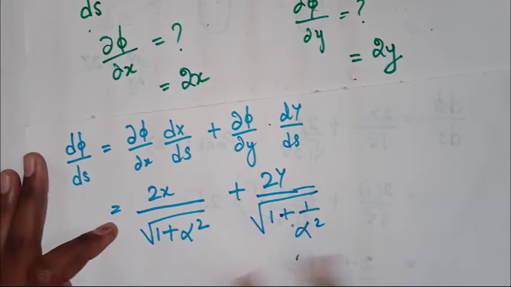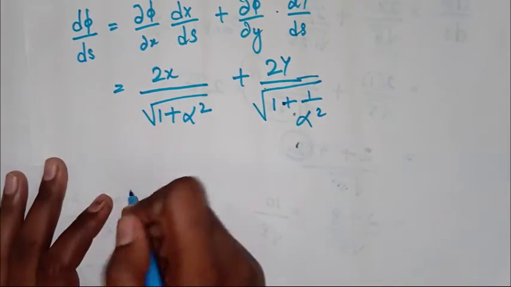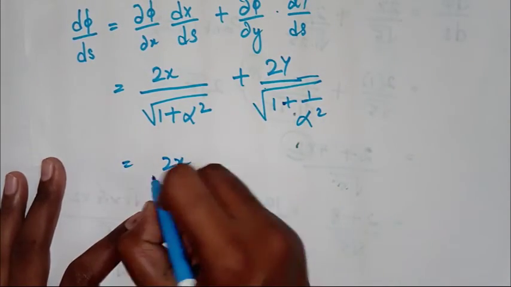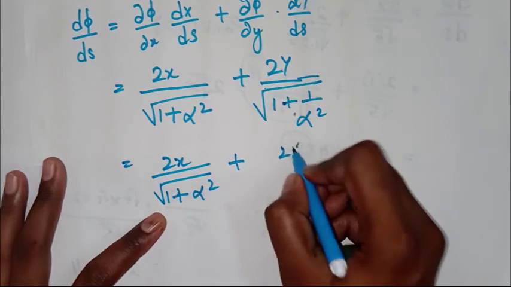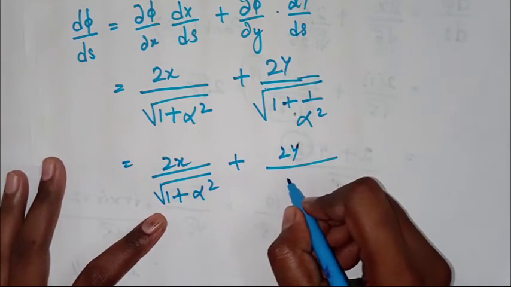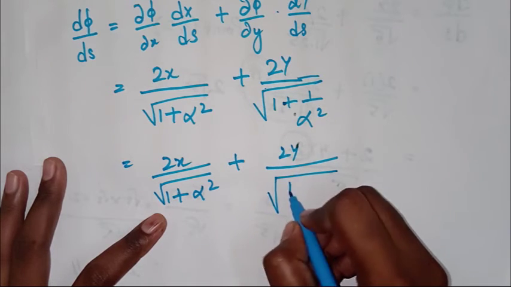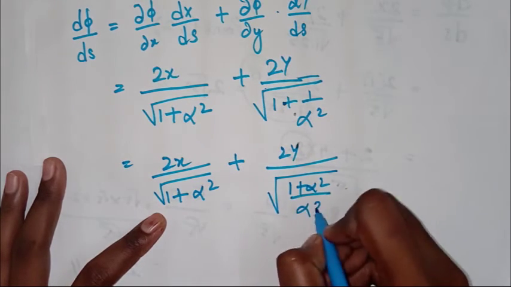Now we are going to summarize and write this; that's all, very simple. Here we have 2x divided by square root of 1 plus alpha square, plus 2y. Here we'll arrive at a consolidated term, which is 1 plus alpha square divided by alpha square.